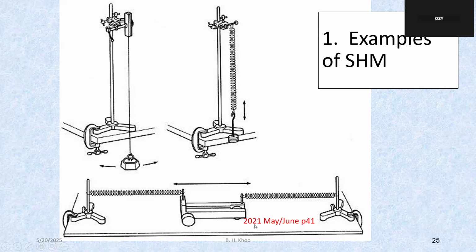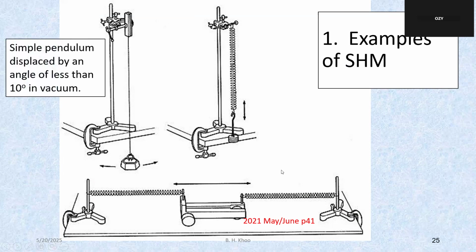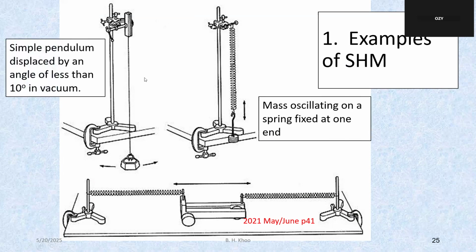This one came out in 2021, May June, paper 41. For a simple pendulum, the displacement must be less than 10 degrees, and it's done in a vacuum.